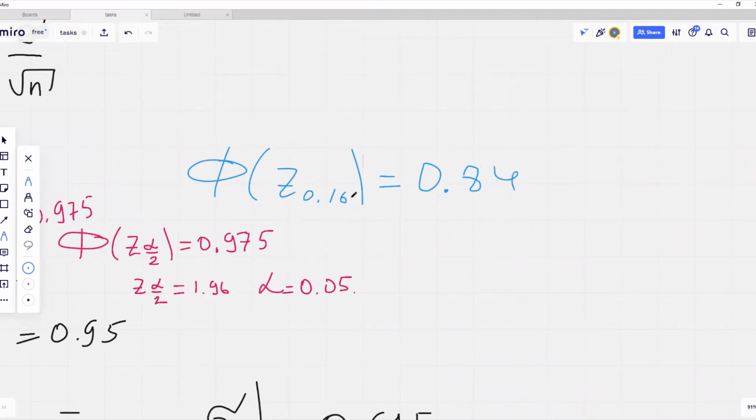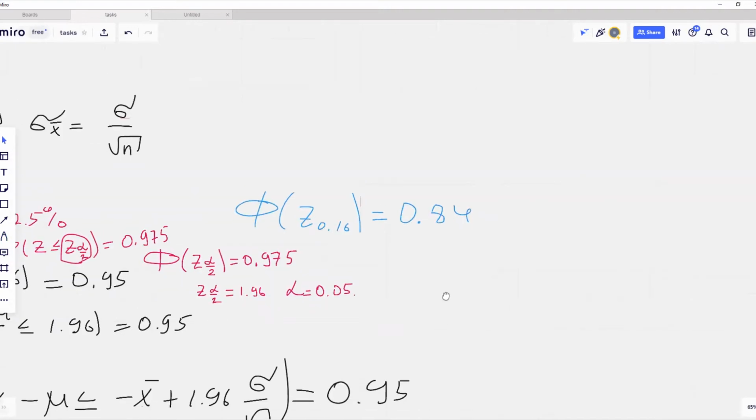Then we would go to our standard normal table or use software to find this critical value.